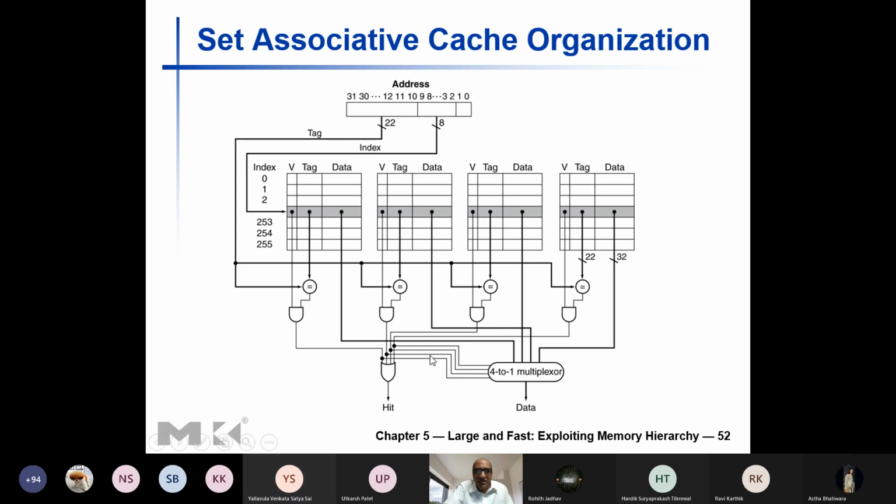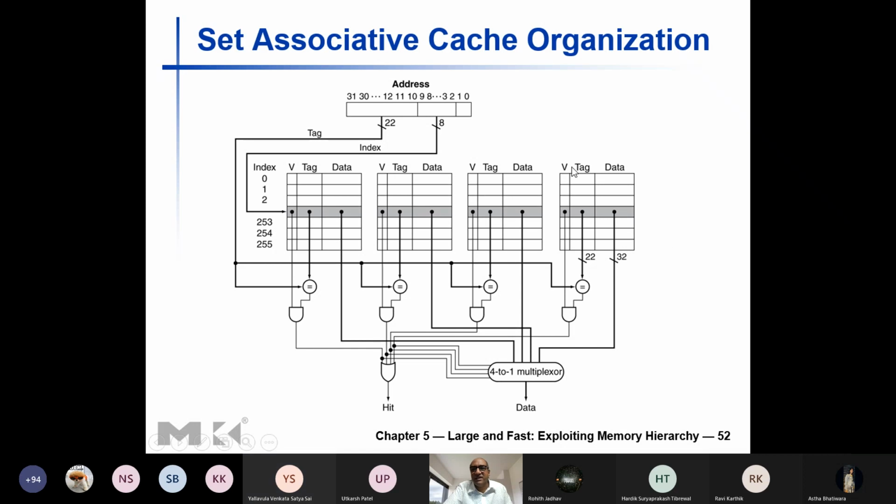Out of the 4 blocks available in the set, we need to find out which block is the desired block. That depends upon the comparator's output. So this comparator output is fed as control lines to the multiplexer, and the multiplexer will select one among these 4 blocks. That way the desired block will be selected.